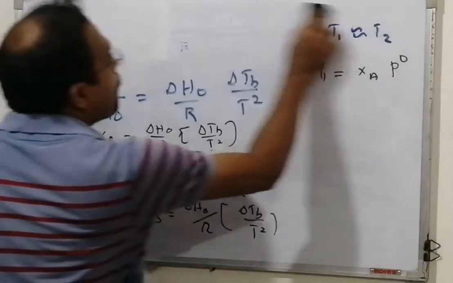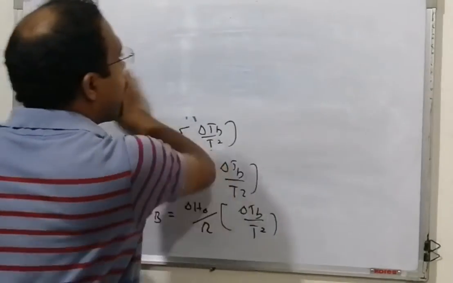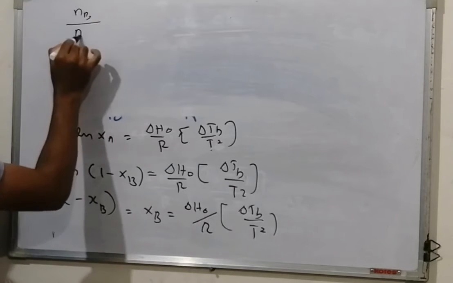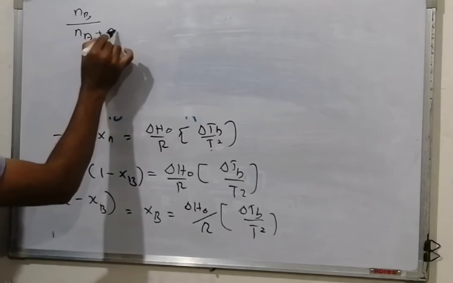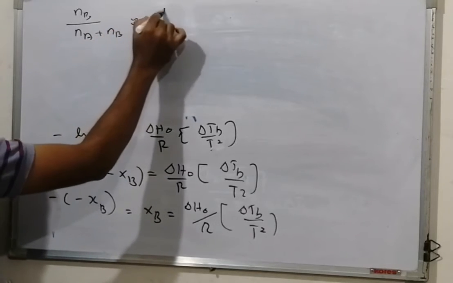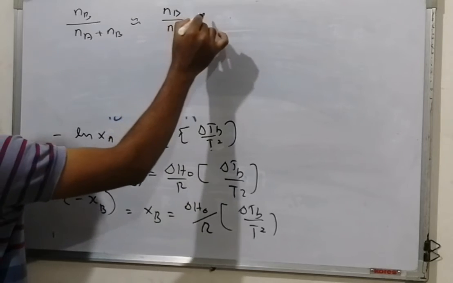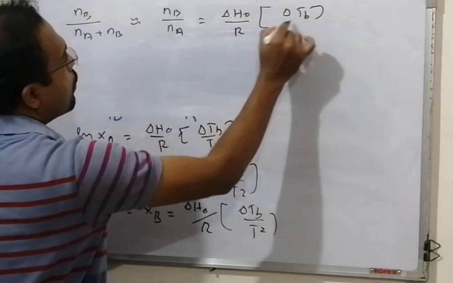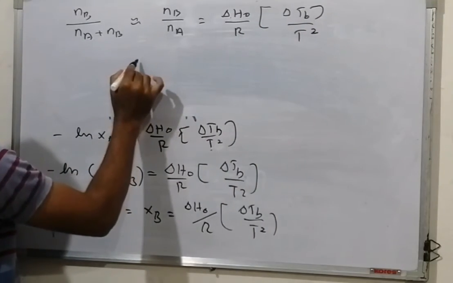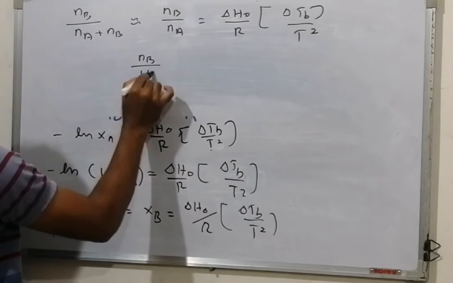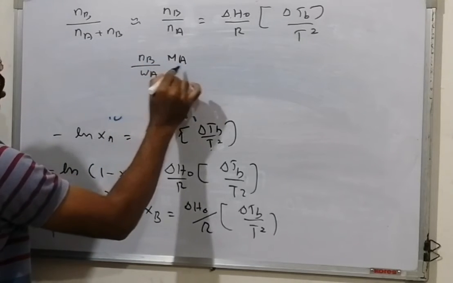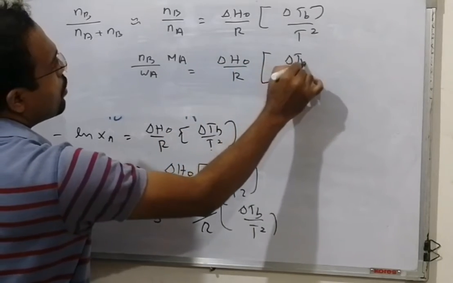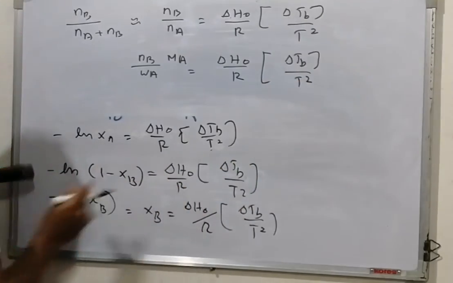Now, XB is equal to NB divided by NA plus NB. Here NB in the denominator is almost neglected. NB divided by NA is equal to delta H0 by R into delta Tb by T square. Now NB divided by, this is nothing but WA divided by MA of the solvent, is equal to delta H0 by R into delta Tb by T square.